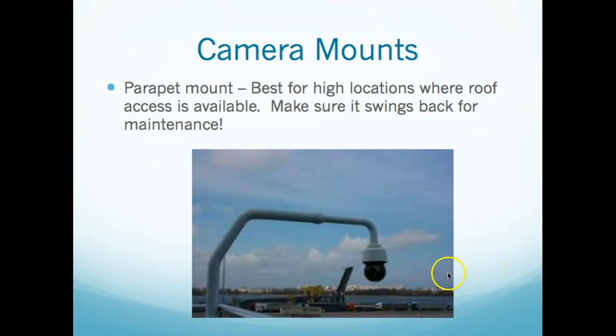Again, the mount increases your field of view exponentially because the building itself, the thing it's mounted to, isn't in the way. Just like with the gooseneck, the pole would have been in our way, and it still is a little bit. The parapet mount almost takes the building out of contention because you're able to see the face of the building here.